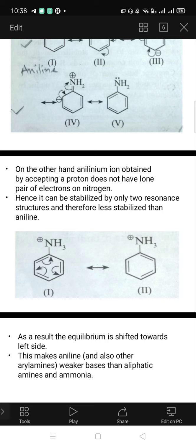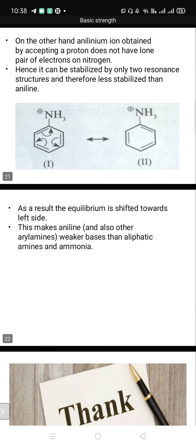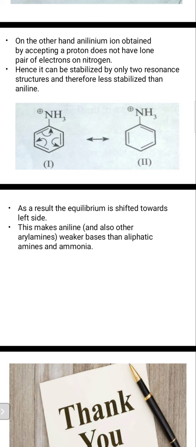Students, today I explained the basic nature or basic strength of aliphatic amines as well as aromatic amines. You should learn well by revising the topics, as well as how electrons are shifted and the theory behind sigma bond, pi bond, sigma electron, pi electron. You also have to learn the transfer of electrons among the ring as well as outside the ring with the neighboring or attached atom or element.